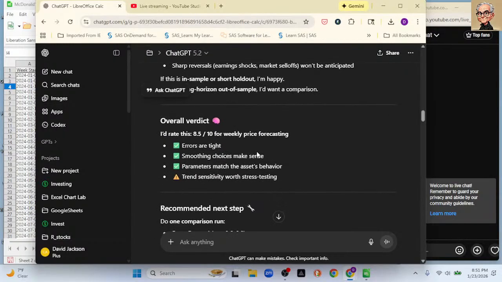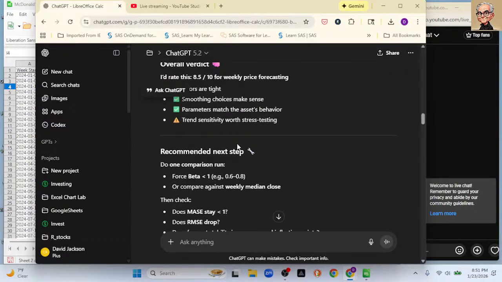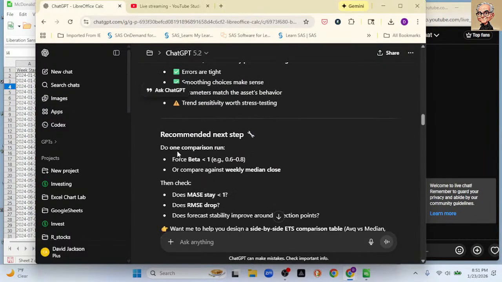Overall verdict. I'll rate this 8 out of 10 for weekly price forecasting. Errors are tight, smoothing choice is good. Let's see. Do one comparison run. Force beta. Interesting.